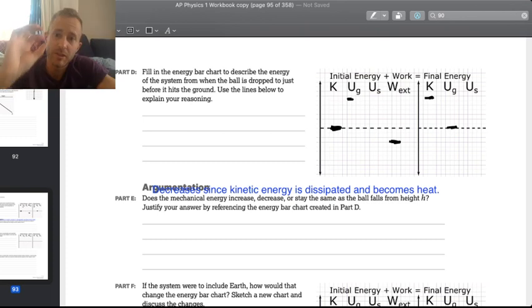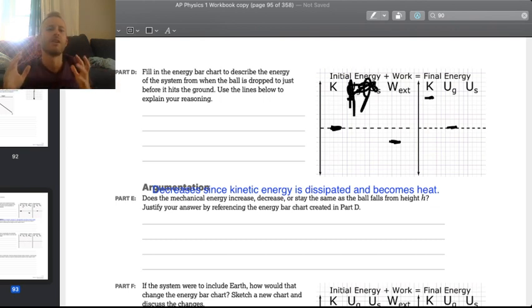Because the system is only the ball, there's no gravitational potential energy. Gravitational potential energy means that there are two things in the system that are attracting each other.